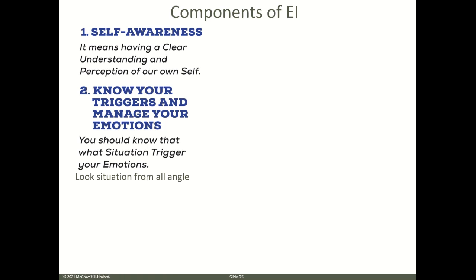These are very important things, but we don't consider them. So what we should do is think about it. We should know what the trigger points are, and how to manage your emotions. So you should look at the situation from all angles, right? In that way you will be able to manage.